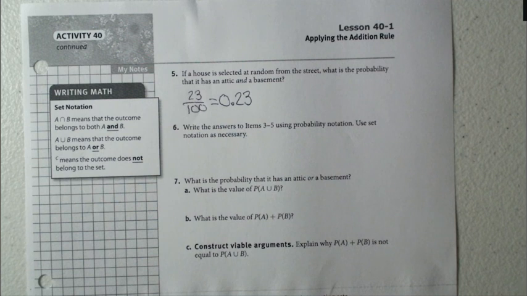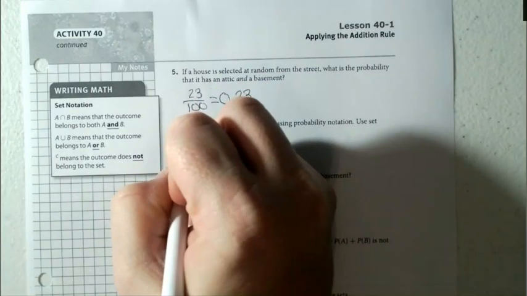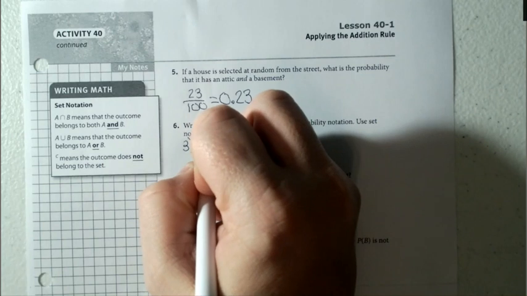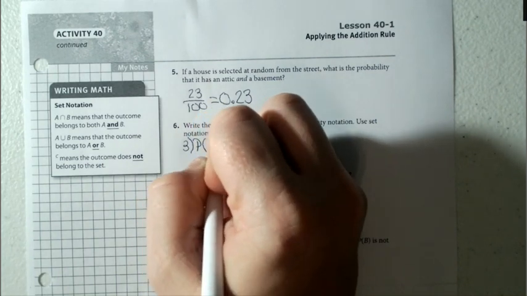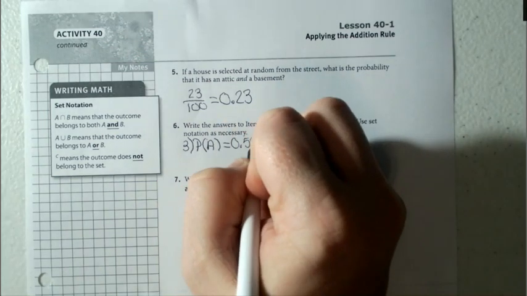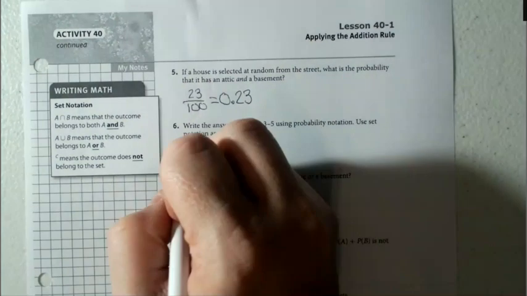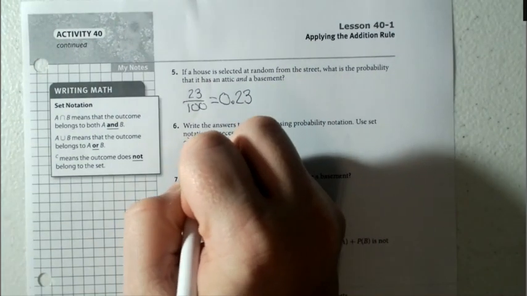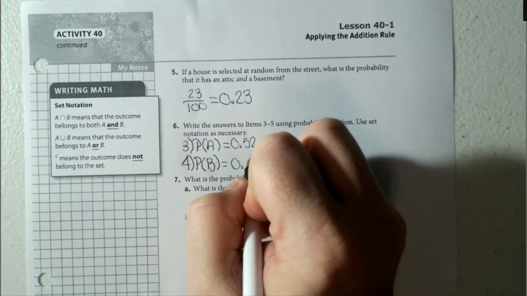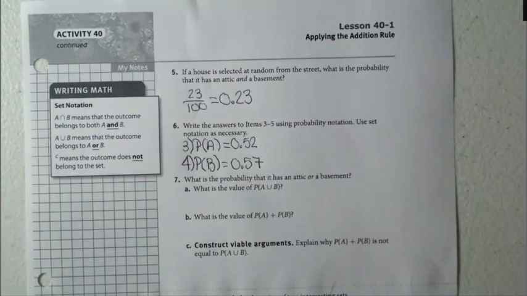So, question number 3, we asked for the probability of an attic, right? So probability of attic equals 0.52. Question number 4, probability of a basement equals 0.57.